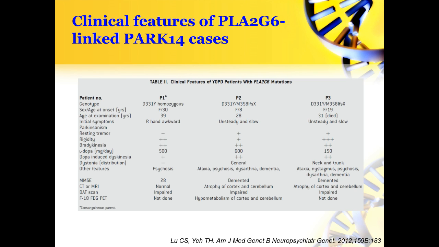Clinical features of PLA2G6 mutation carriers are listed in a table. One patient carried D331Y homozygous mutation, and 2 patients carried compound heterozygous mutations. They had levodopa-responsive Parkinsonism, but also had some atypical features such as ataxia, dysarthria, psychosis, and dementia.